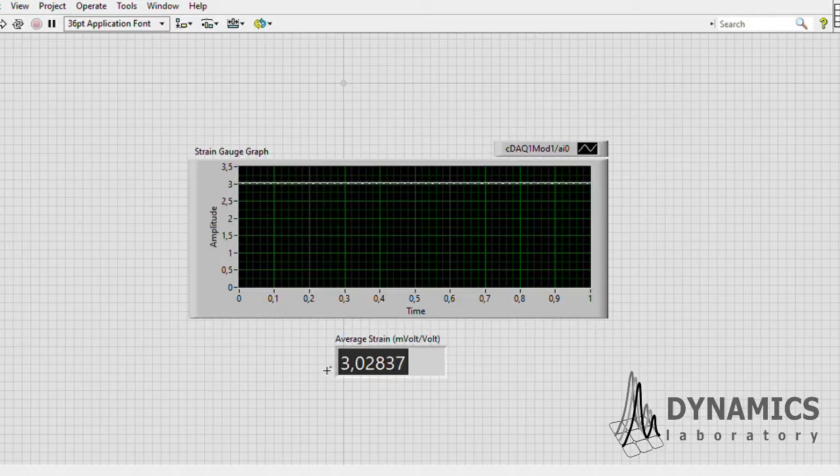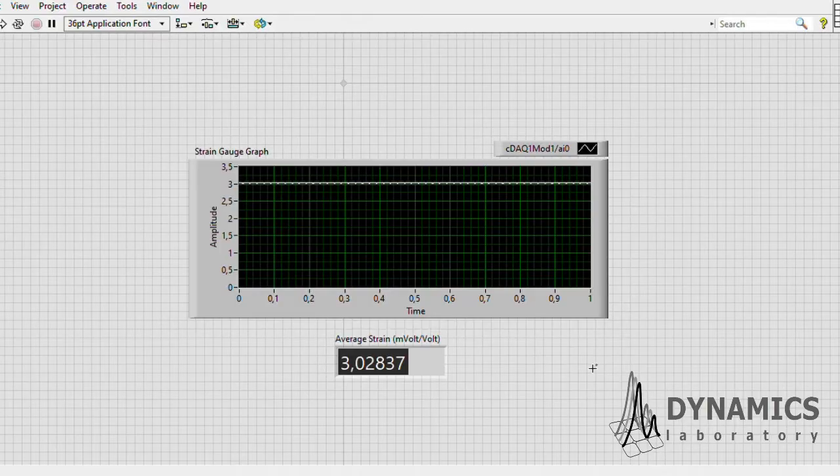Besides, if you use National Instruments, you will get the measurement result in the unit of millivolt output divided by voltage input. In this experiment, we use 2 volt input. So, our initial condition is about 3.028 millivolt per volt input.